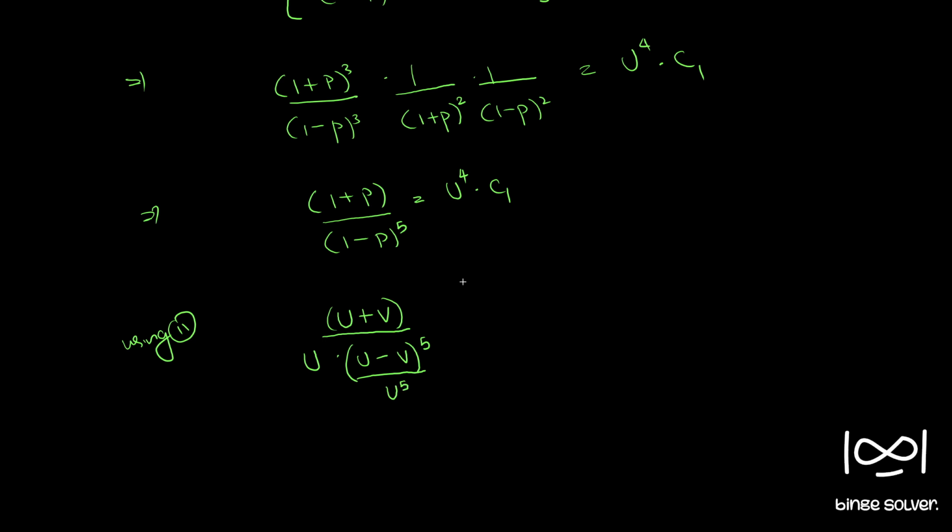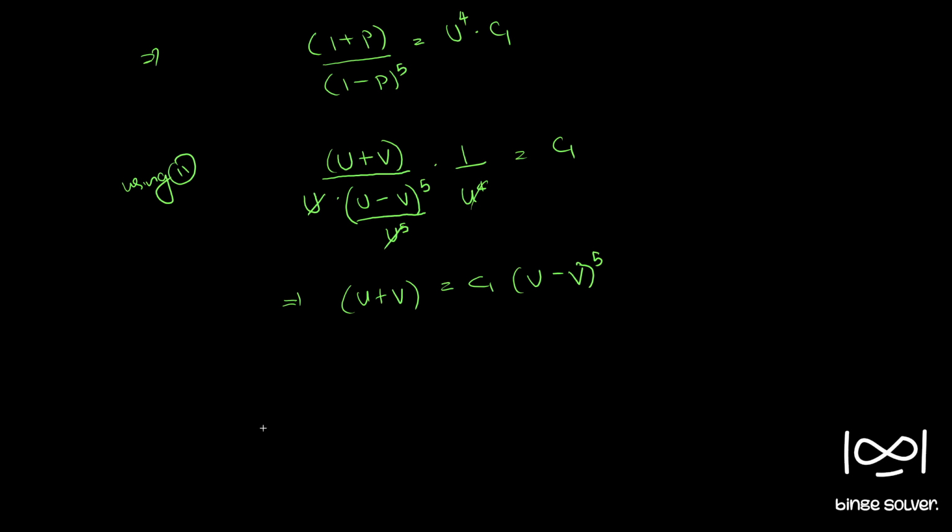Bringing down 1 by u raised to 4, u raised to 4 is equal to c1. So this u raised to 4 and this term get cancelled. So we get u plus v is equal to a constant into (u minus v) the whole raised to 5.